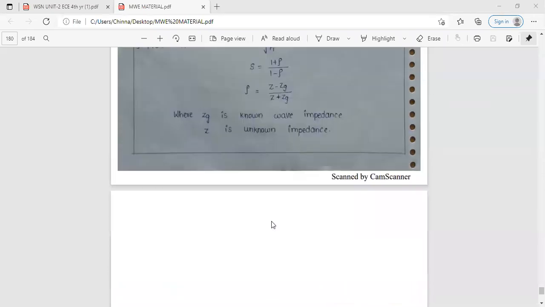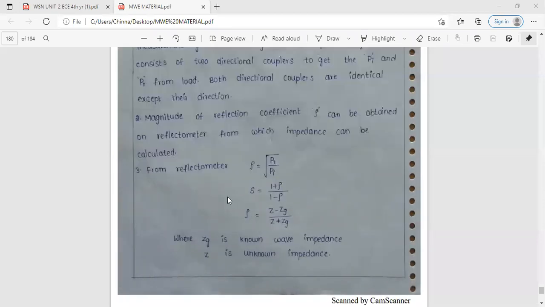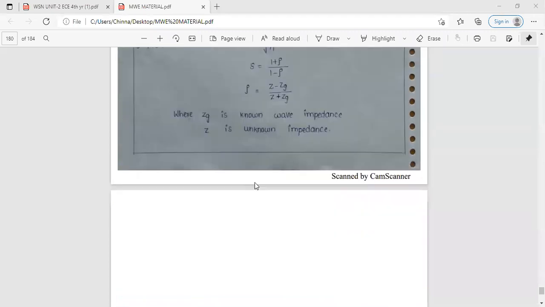This is how we can calculate the impedance by using the reflectometer. Using the reflectometer, the calculations are done here. This is the measurement of the impedance by using the reflectometers.